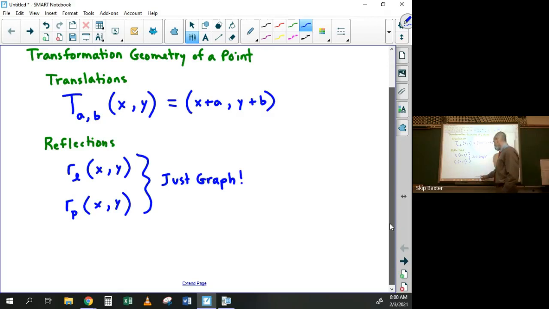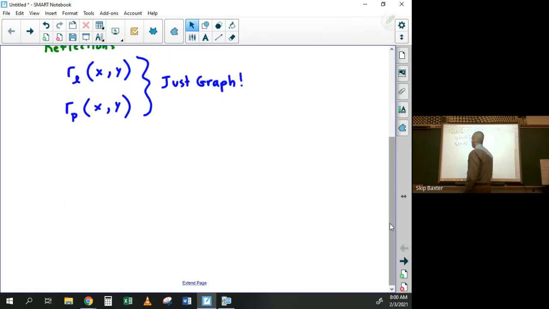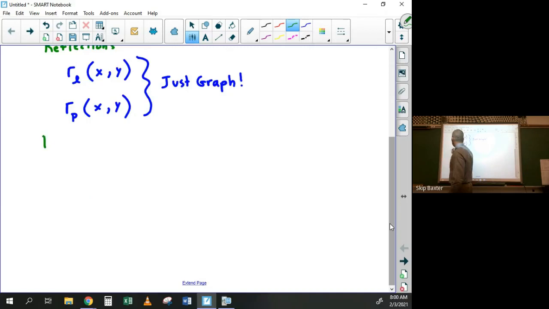Okay, then the next type of transformation we talked about is rotations. So the notation there is capital R, and then subscript is a point and an angle.